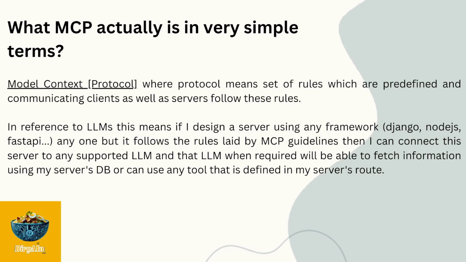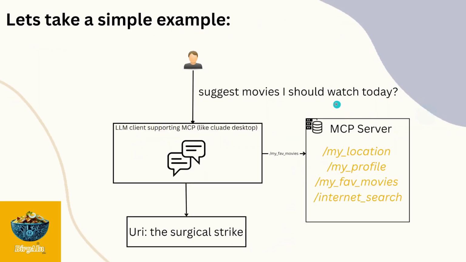Then that client can fetch the data from the DB as required, or call any tools that are defined in my server. Let's take a simple example to understand MCP in more detail. What I'm designing is a personalized LLM, actually. If I'm designing a personalized LLM, it should know about me.